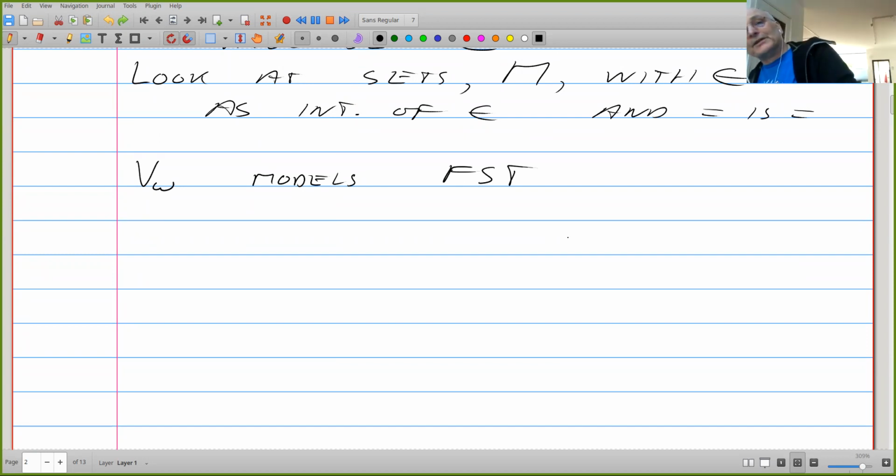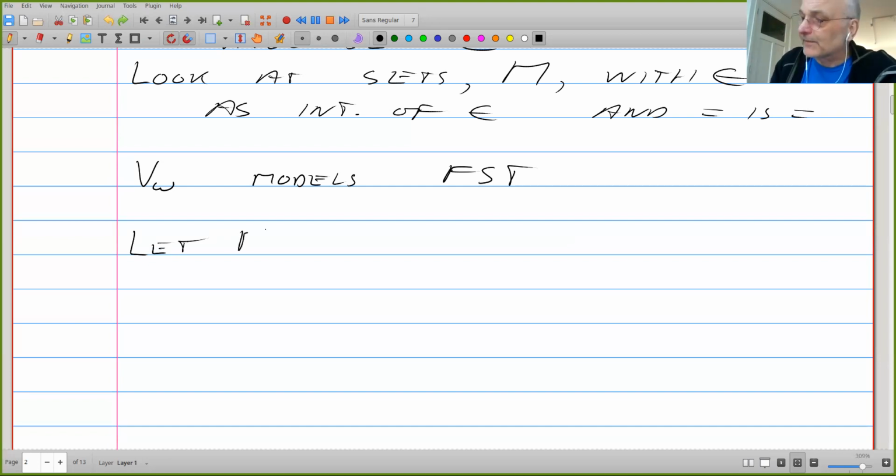If we want to show that union holds, we take an element of V omega, take its union, and show that it belongs to V omega. That kind of thing is what that modeling was all about. And we will be doing roughly the same thing, but we need to get our notation straight in this case.